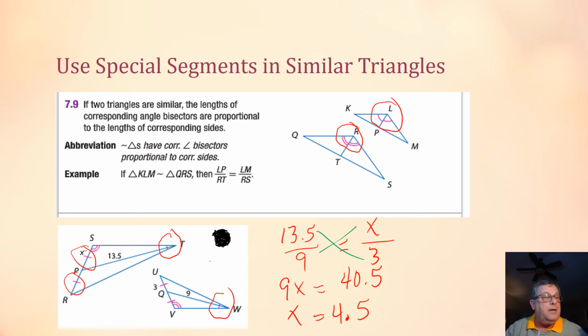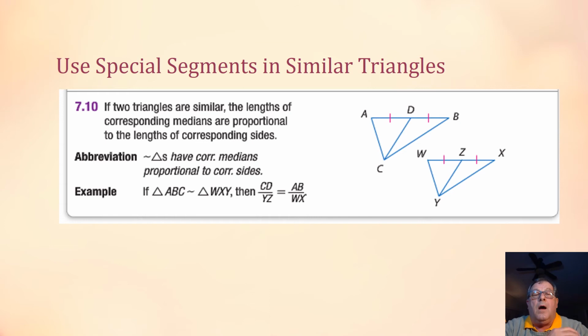We've looked at altitudes and angle bisectors, and now we're going to discuss medians. Let me move over to that theorem. Here we have two triangles, and we have a median. It's bisecting angle C, and angle Y, but we don't see any congruency marks, so it's not an angle bisector. At point D and point Z, we're not forming a right angle, so it's not an altitude either.